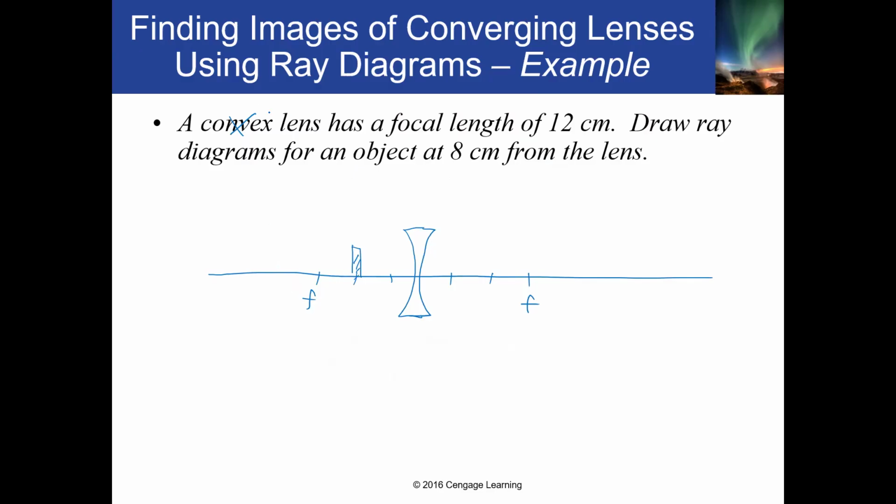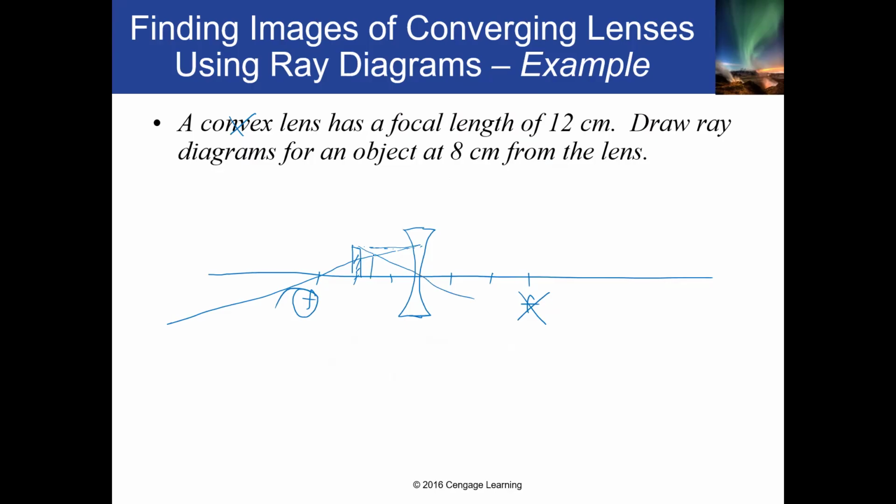And now I assume this is a concave lens. Your first line is parallel, same, but we don't use this focal point, right? We will use this focal point, so it goes directly to the focal point. So this is going to be your first line. And the second line goes directly to the center.